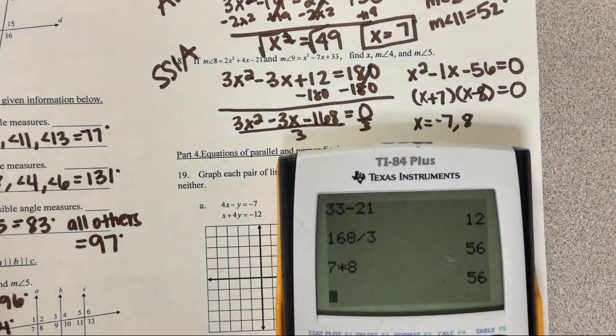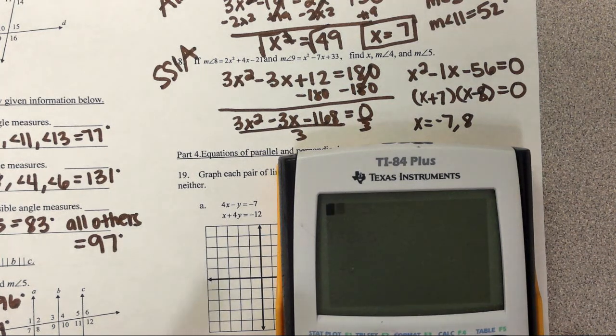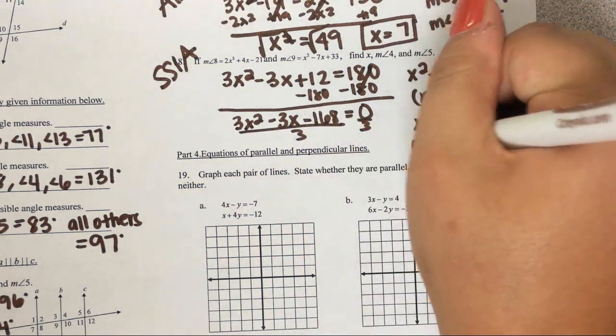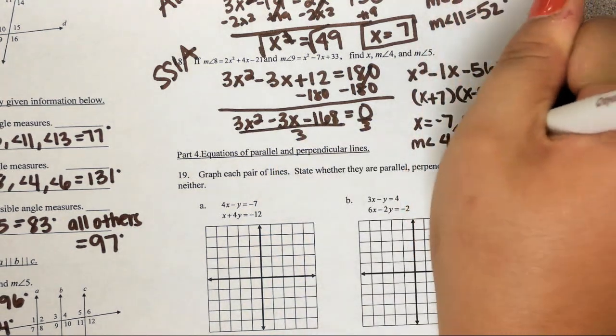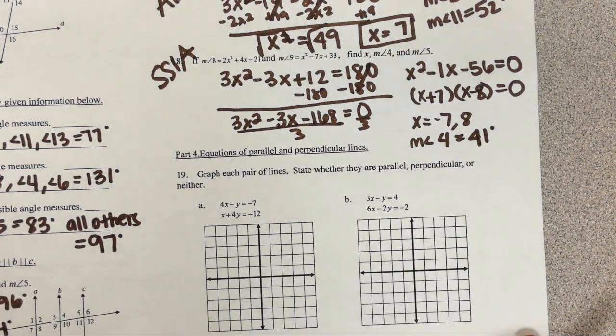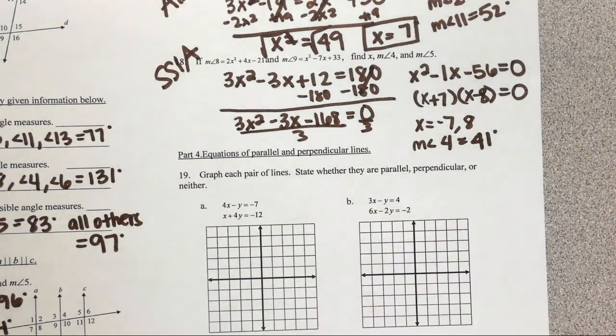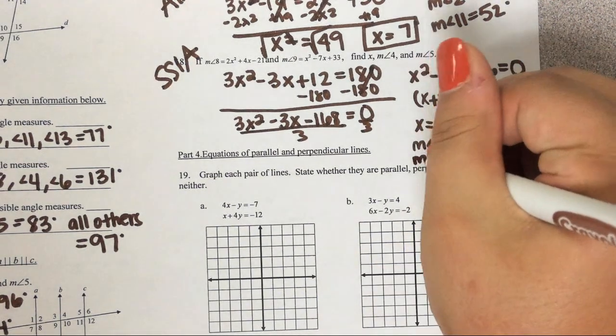So I'm pretty sure the negative 7 doesn't work. So I'm going to go ahead and do 8 squared. That gives me 41 degrees for angle 4. And then for angle 5, those are same side interior, so I just need to subtract from 180, and I get 139.